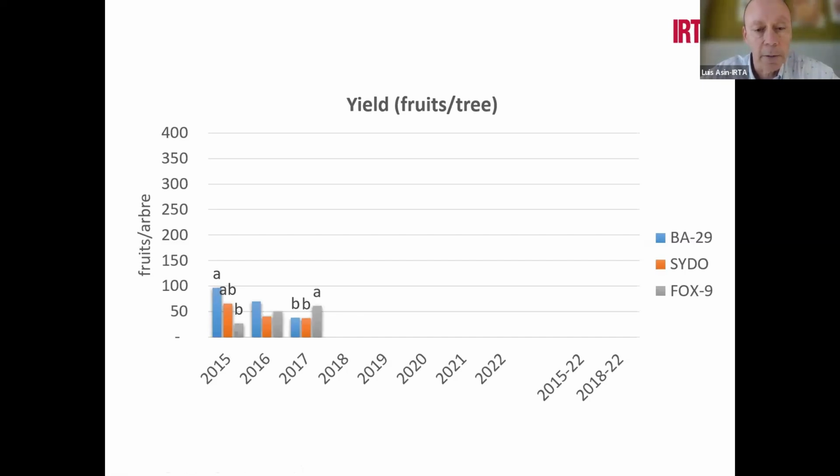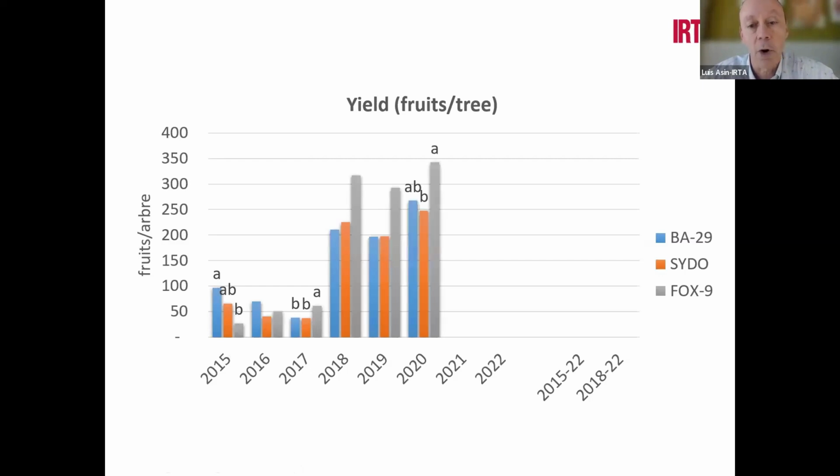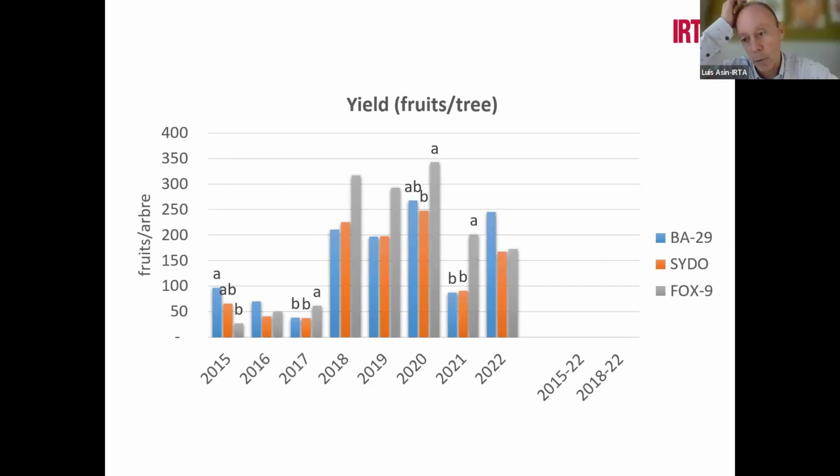There is no difference. In this case, it seems that there is some advantage in Fox 9. No difference, but anyway it's quite strange because there are important differences, but there was variability in the trial. No difference, but the number of fruits is higher. In this case, yes, in 2020, also in 2021, but not in 2022.